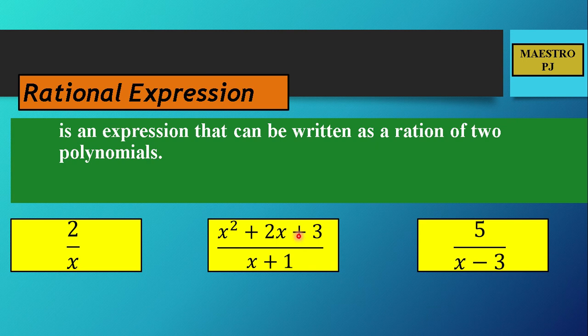Yung numerator na 5 at denominator na x minus 3 ay mga polynomials. So those are the examples of rational expressions kasi pwede silang masulat as ratio of two polynomials.